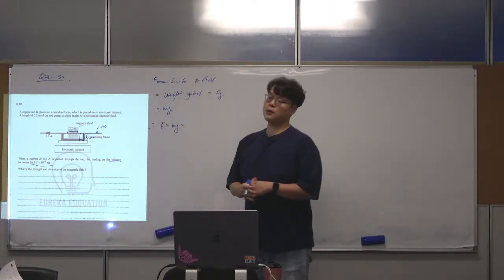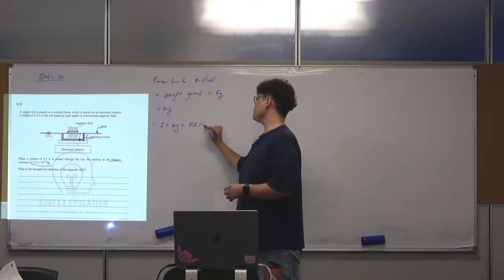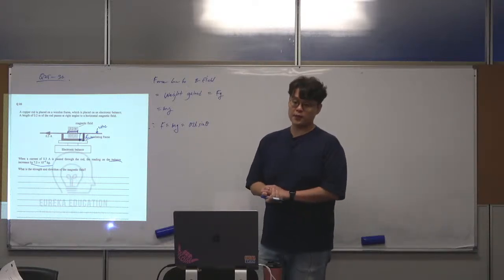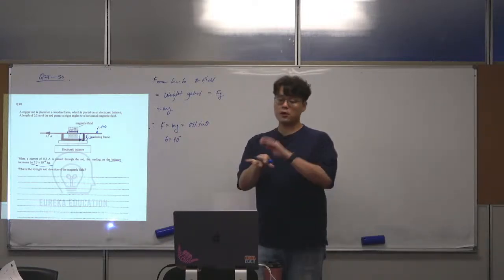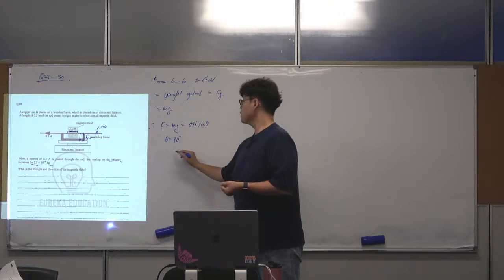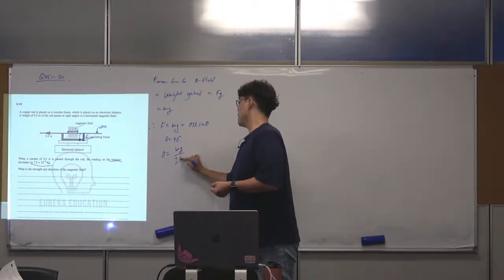That force due to the B field can be calculated by BIL sine theta. Does it make sense? Theta is 90 degrees because they're perpendicular to each other. So to find B, B equals mg divided by IL.